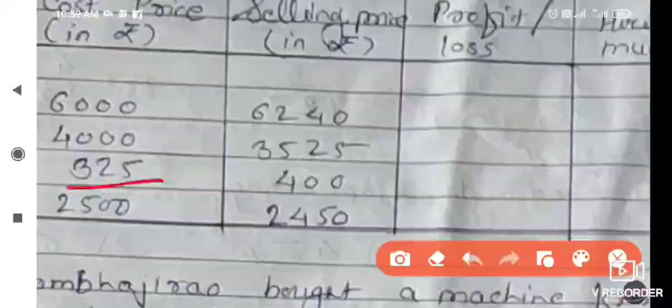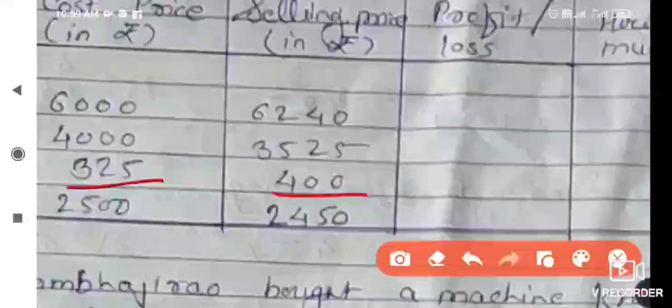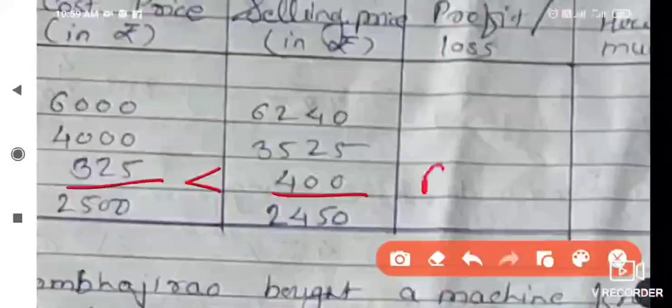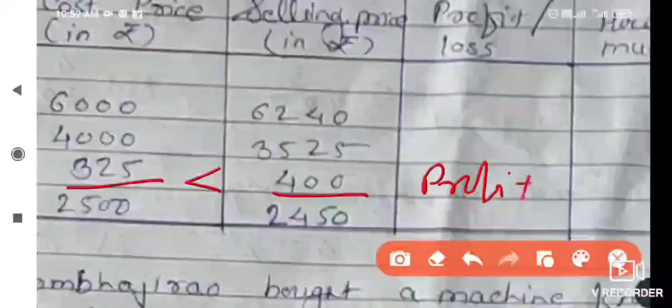In the third example, the cost price is 325 and the selling price is 400. Selling price is greater than the cost price, therefore there is a profit. How much is the profit?